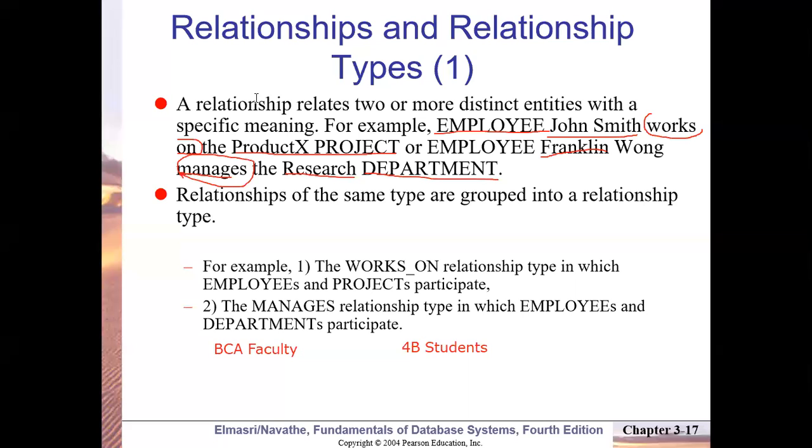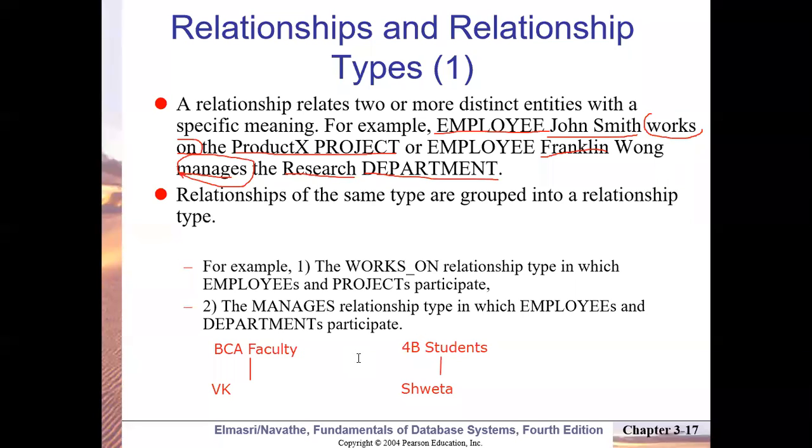Now, if you take one single instance from BCA faculty, so suppose here you take one, fine.